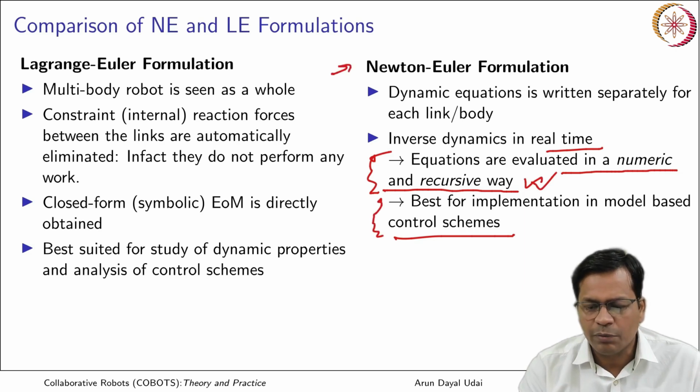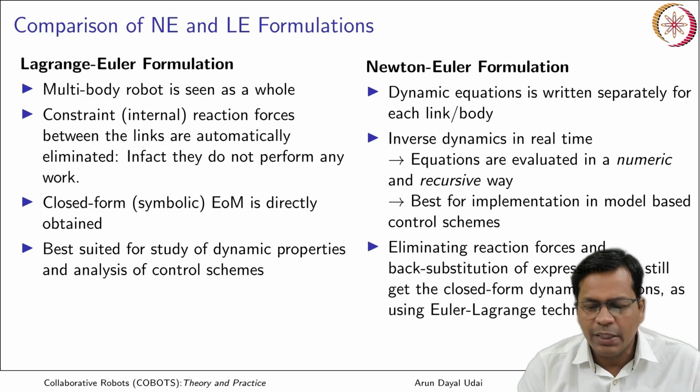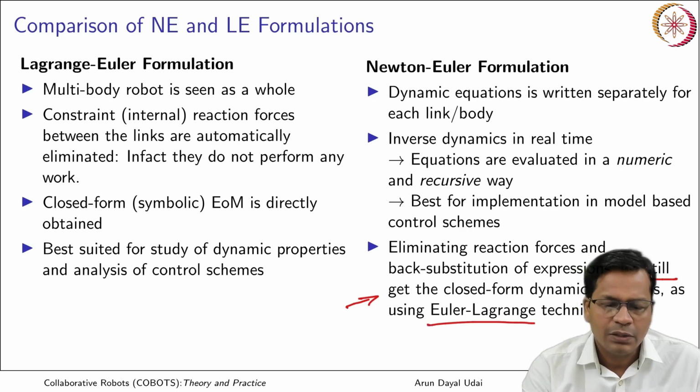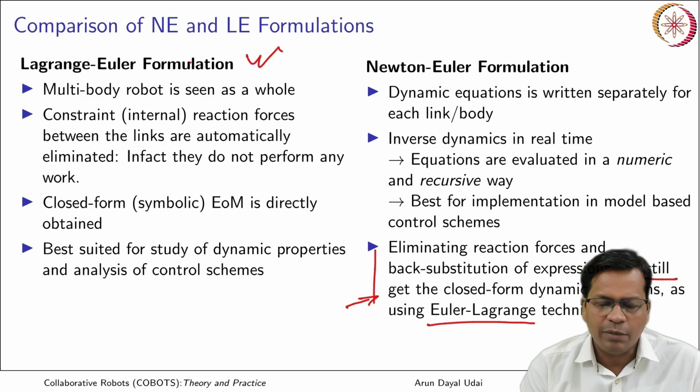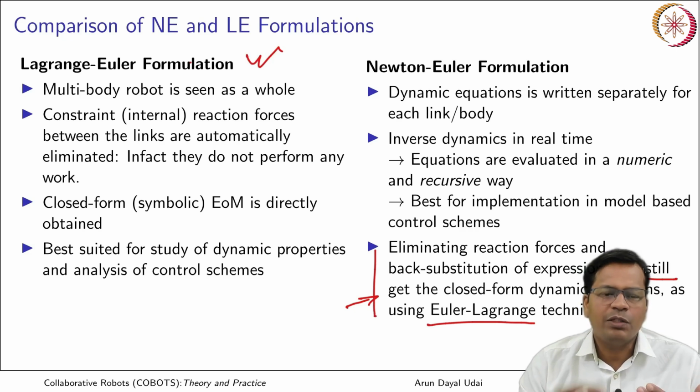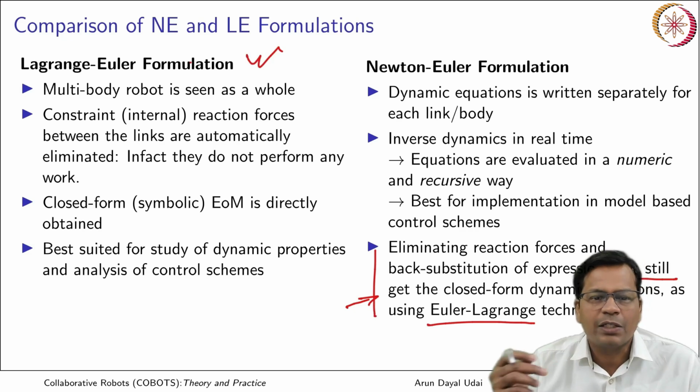So, it is the best implementation in model based control scheme. By eliminating reaction forces and back substituting the expressions, we still get the closed form dynamic equation of motion as in the case of the Euler-Lagrange solution. So, we get the same result here, but additionally we also get the interaction forces.